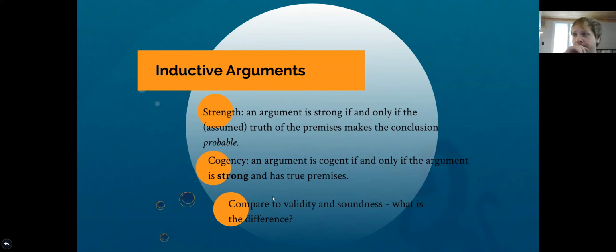We also talked a little bit, when we were talking about informal fallacies, about inductive arguments and the different features of inductive arguments, the ways in which they differ importantly from deductive arguments. One of the things to remember is that deductive arguments are either valid or sound, right? Deductive arguments are valid in that if the premises are true, then the conclusion must be true.